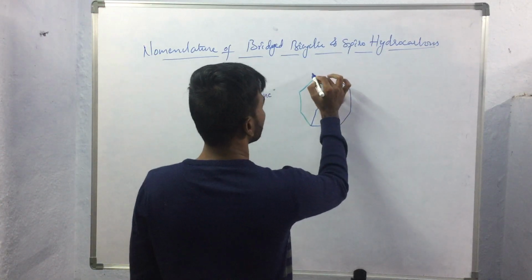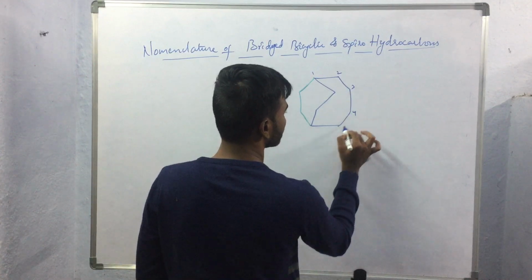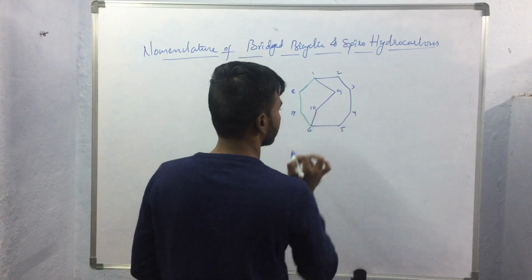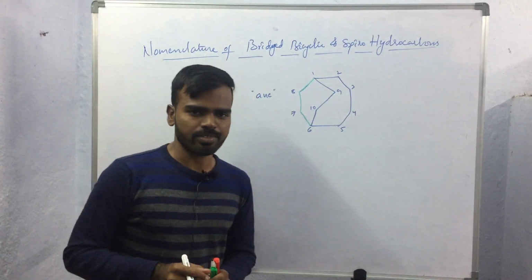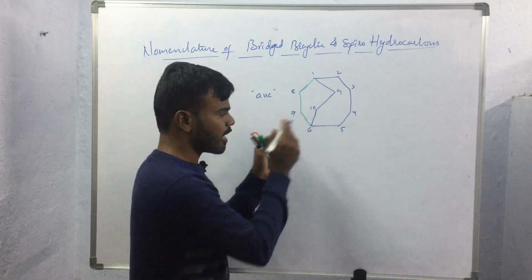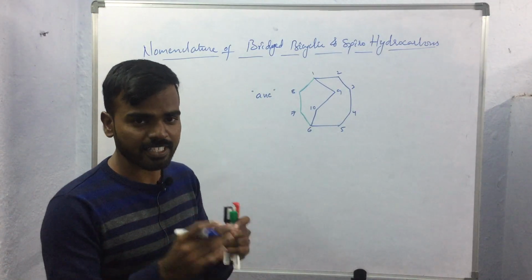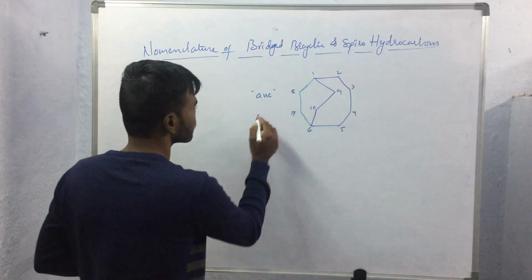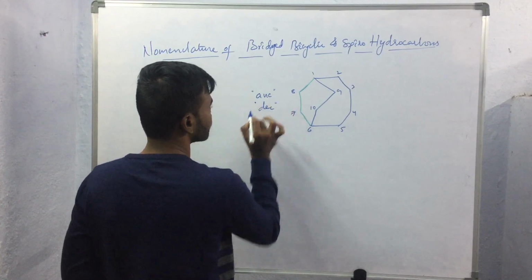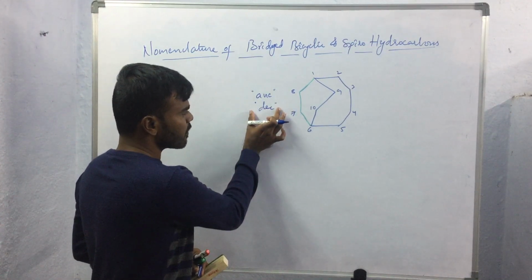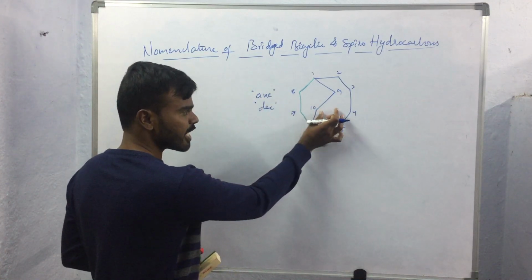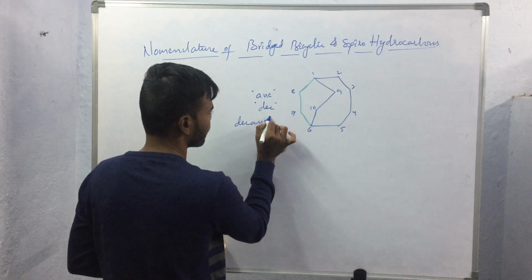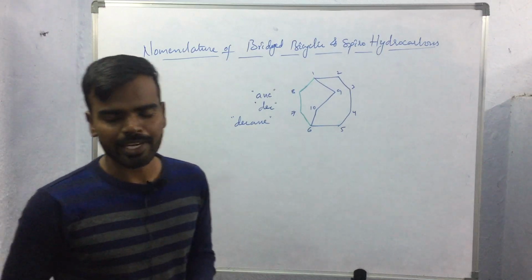So here 1, 2, 3, 4, 5, 6, 7, 8, 9 and 10. So total 10 atoms are present. If 10 carbon atoms are present, then the prefix DEC will be used. The combination of this prefix and suffix will be the root name of this compound, decane. So this is the root name or parent name of the compound.